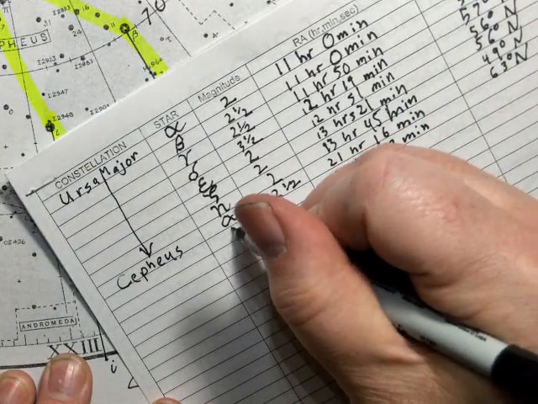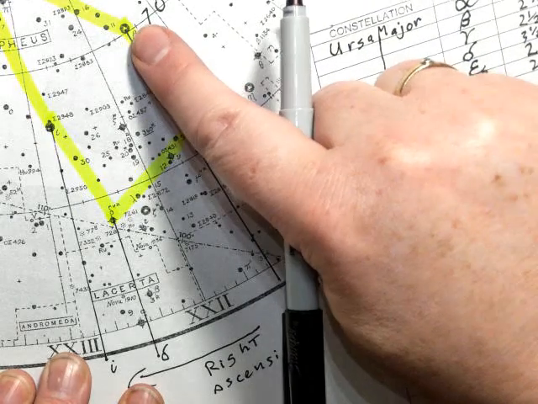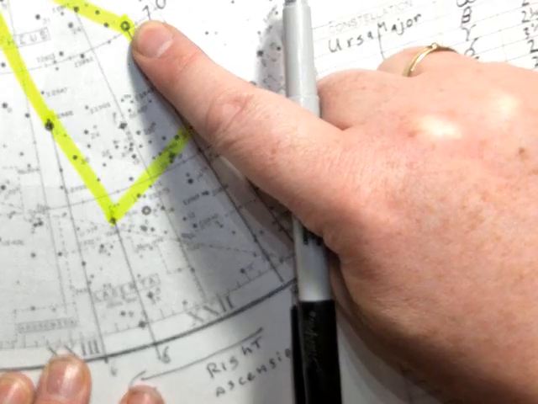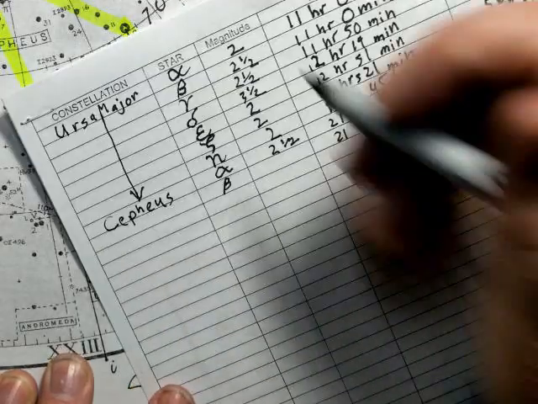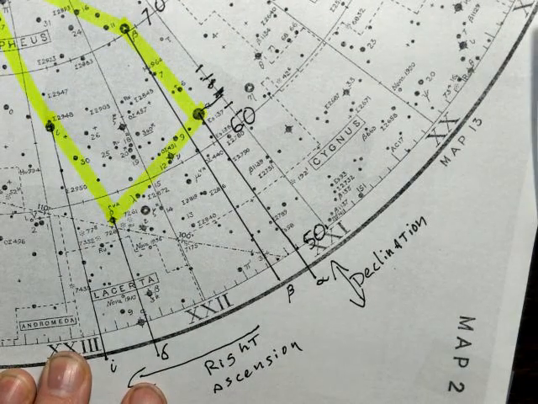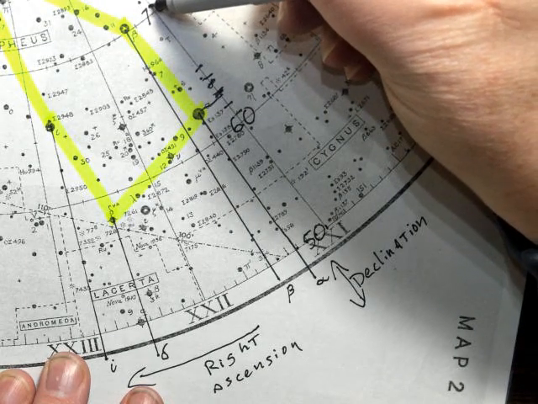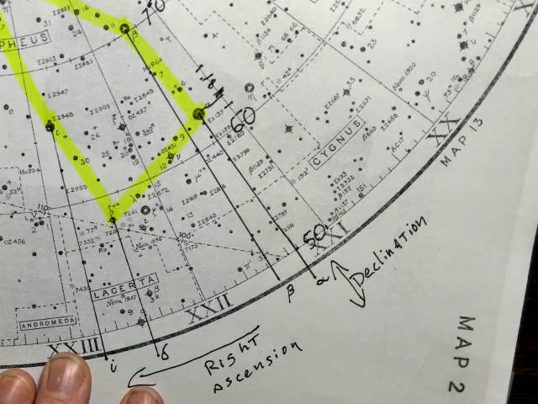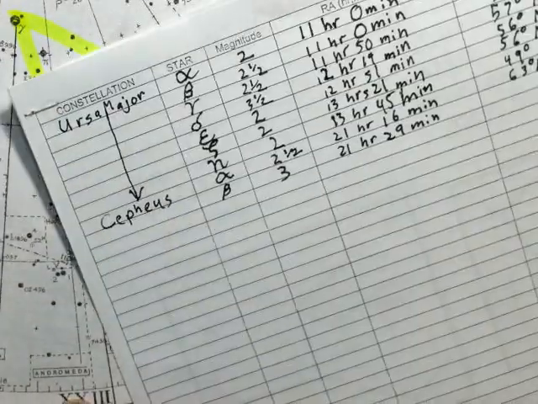And this is for beta, and I didn't do the star. It's got a triangle in it, which makes it either a 3 or a 3.5. It's kind of big. I'm going to call that a 3. And then for the declination, it is almost right on the 70 line, but it's a little bit above, so I'm going to call that 71 degrees north.